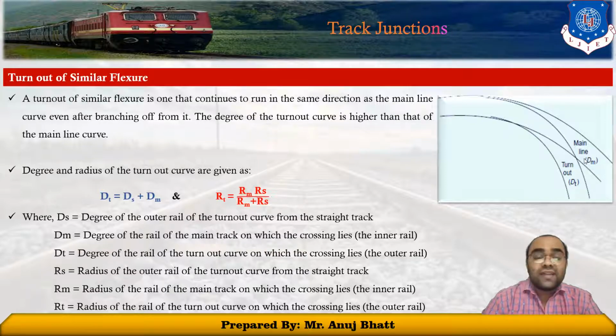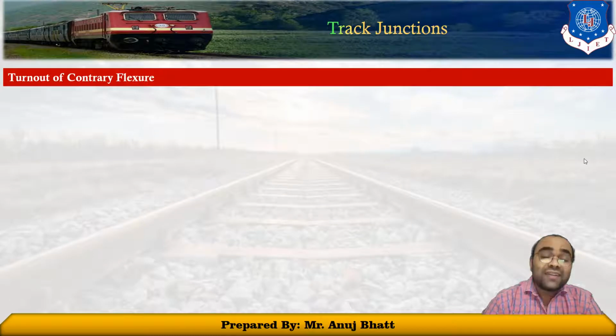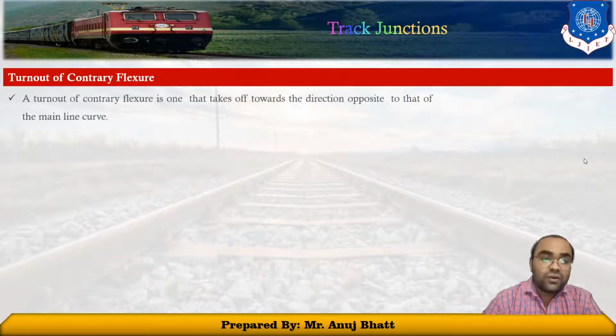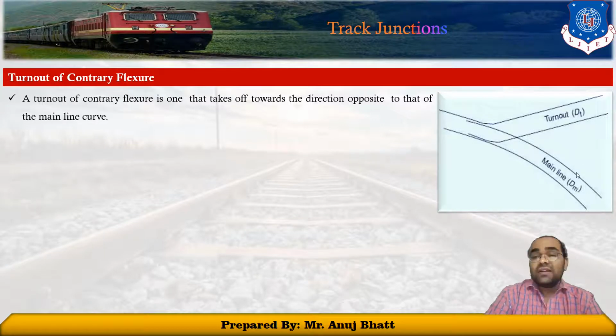Next is the turnout of contrary flexure. A turnout of contrary flexure is one that takes off in the direction opposite to the main line curve. Here you can see the main line is going in this direction, whereas the turnout is going in the completely opposite direction.